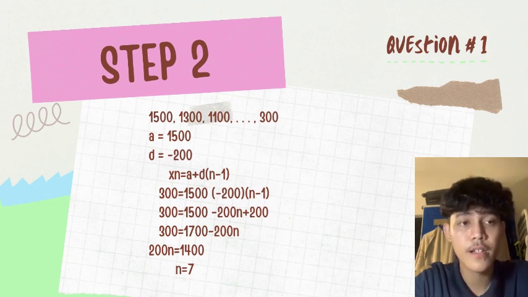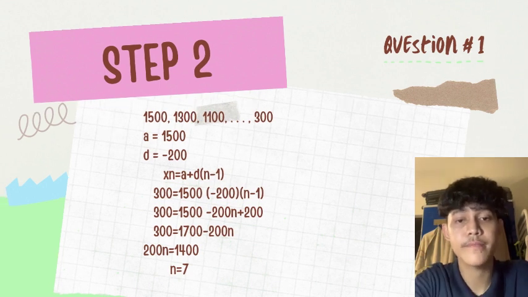And then we get 300 equal to 1,500 minus 200N plus 200. For the 1,500 plus 200, we get 1,700. Then we simplify. After we simplify, we get N equal to 7.